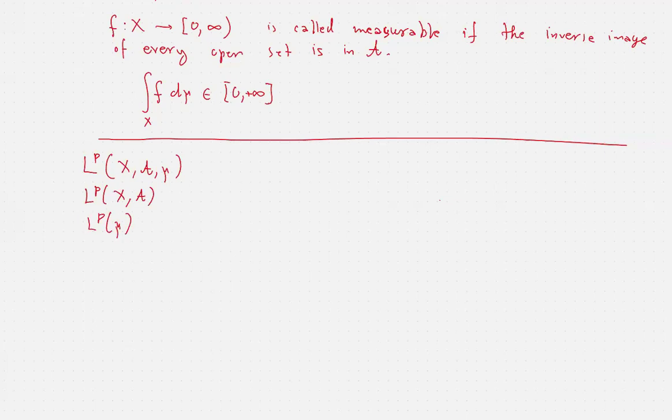So you can find all these notations. The bottom line is that you have all functions from X to R that are measurable, and their pth power of their absolute value is integrable.